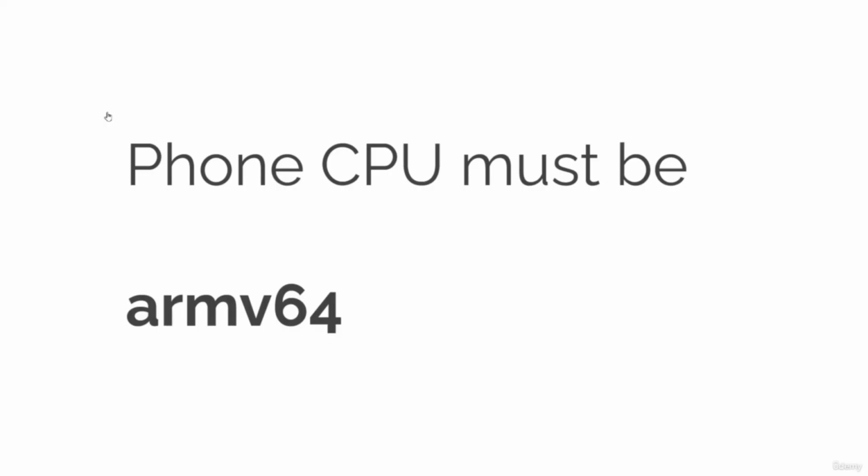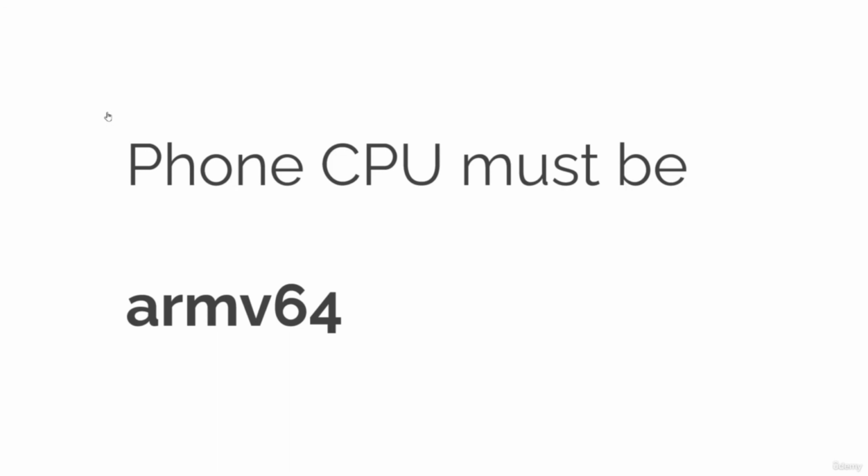First, your phone's CPU must be ARM version 64. Unreal has discontinued support for anything less than that as of Unreal 5. So you have to make sure that your phone's CPU is 64, and I'll show you how to check that.